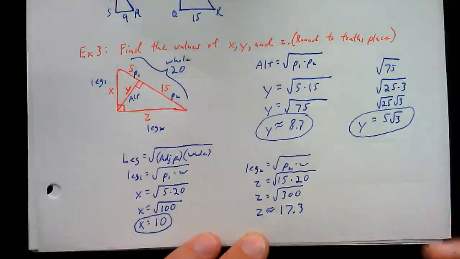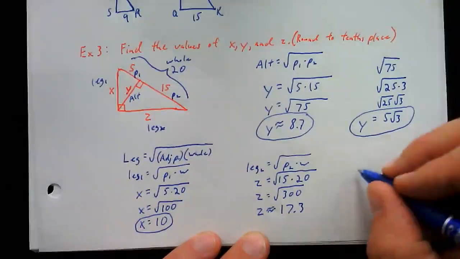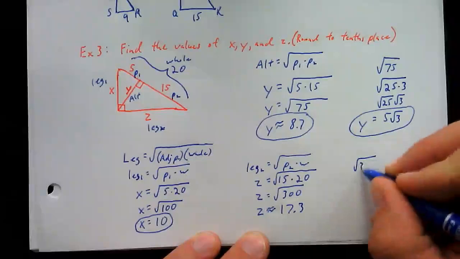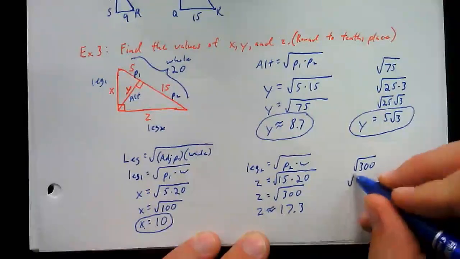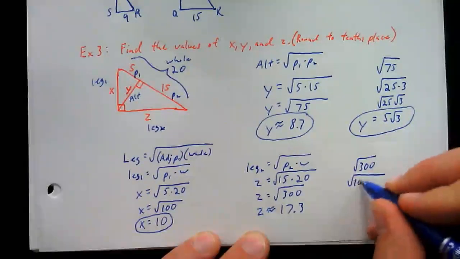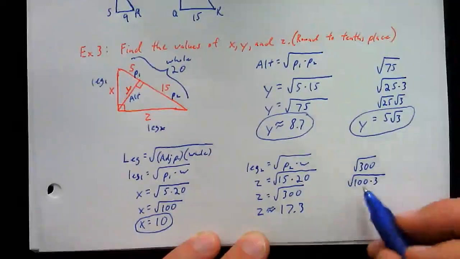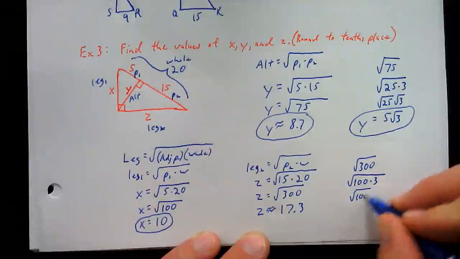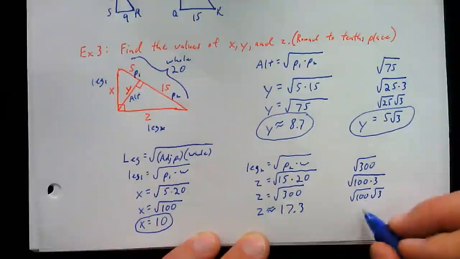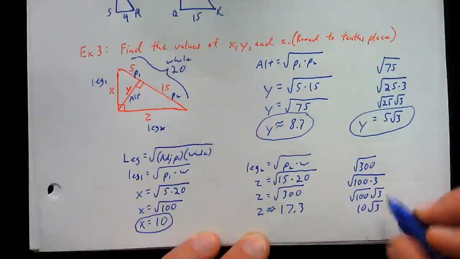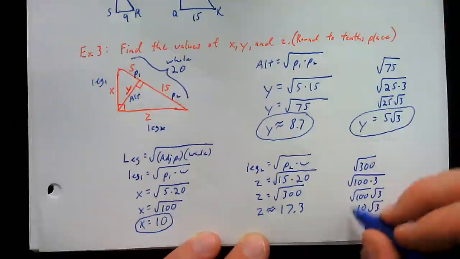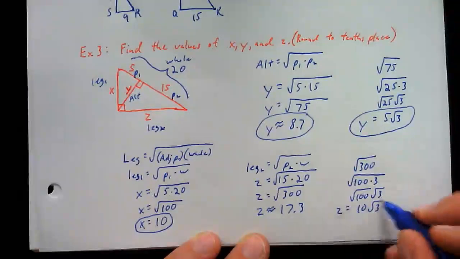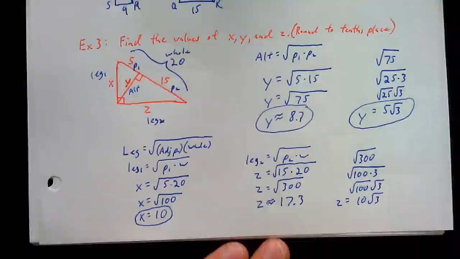If we wanted to leave this as an exact value, then we're going to do the square root of 300. We could break it down into 100 times 3, because 100 is a perfect square. So the square root of 100, square root of 3, square root of 100 is 10. So 10 radical 3. So that would be our z value as an exact value.